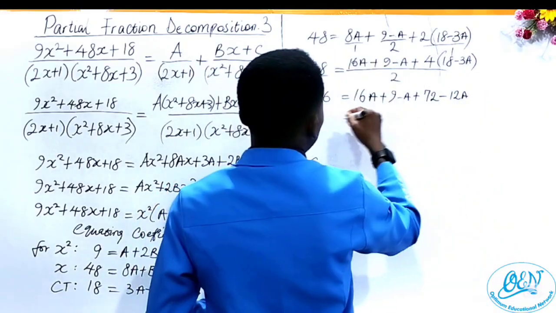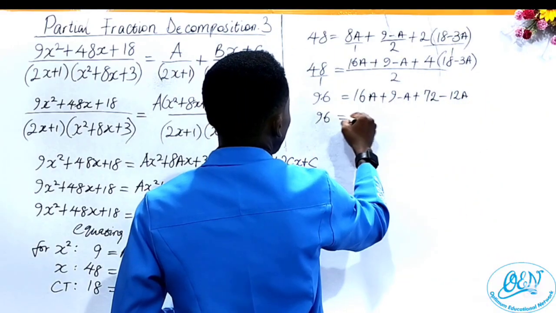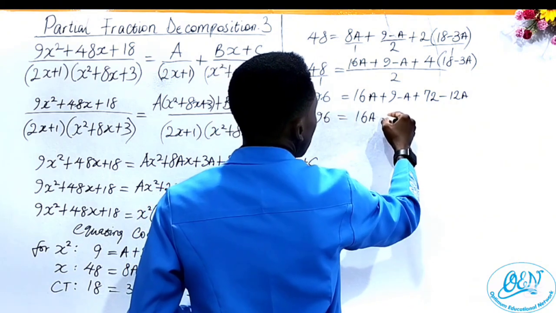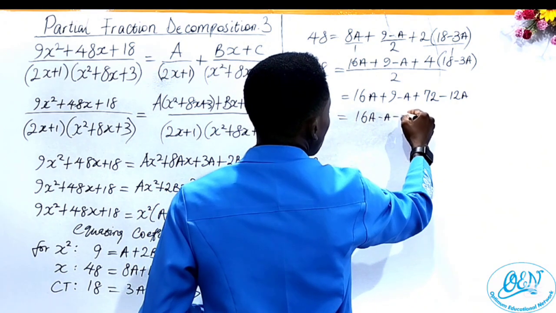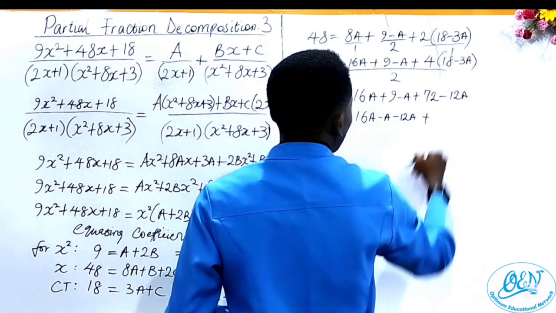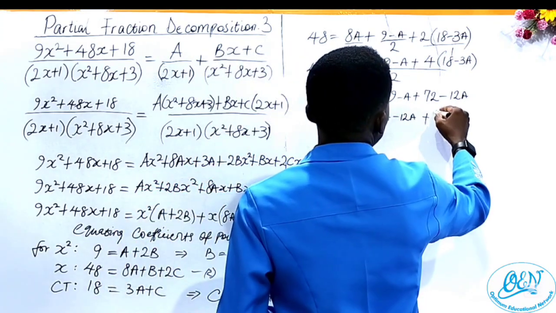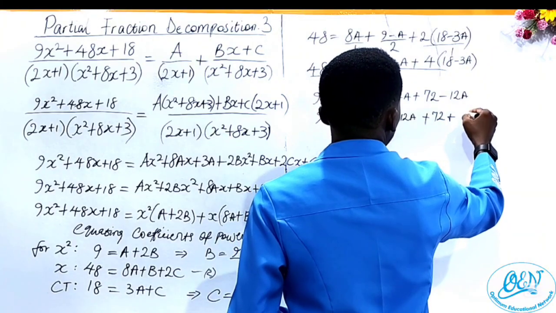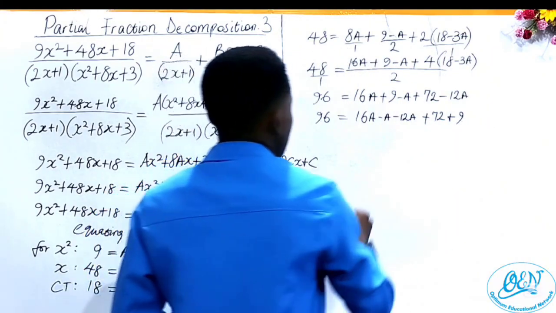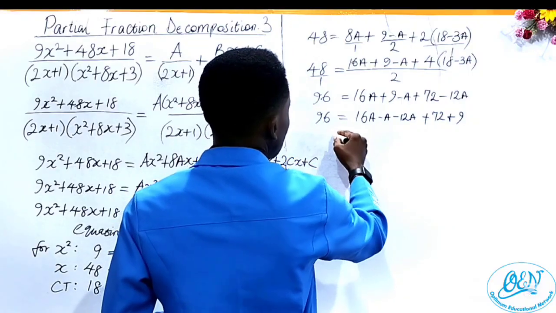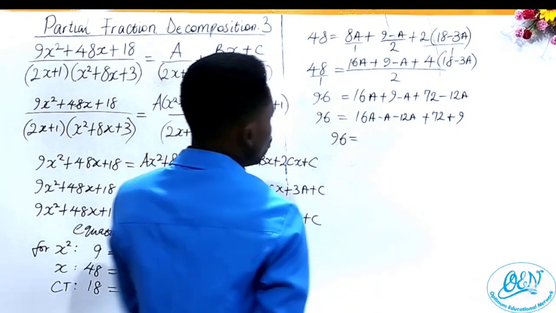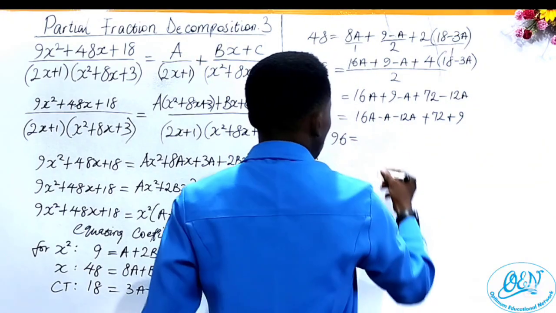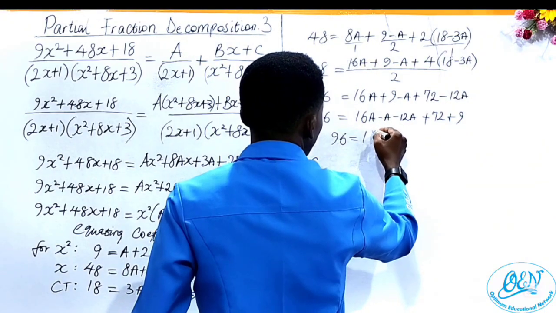Ready? Let's collect like terms. 96 is equal to 16a minus a minus 12a plus 72 plus 9.